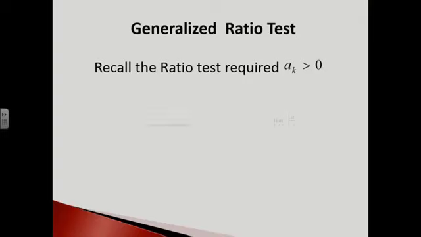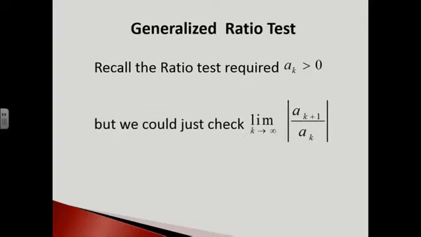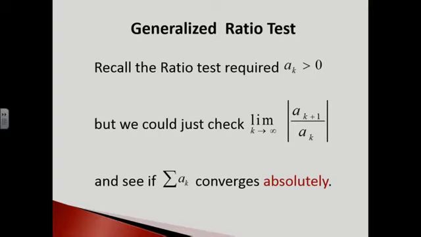To do this, you have to check the limit as k tends to infinity of the absolute value of a_(k+1) divided by a_k. If this limit is less than 1, then the series sigma a_k converges absolutely. If this limit is greater than 1, then the series sigma a_k diverges.